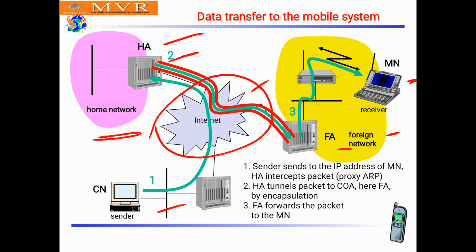So the foreign agent forwards the packet to the mobile node. See here, the home network and internet network is there. The sender will send the information by using the home network and foreign network. Based on the IP address, the sender will send the information. Those IP addresses, the home network's is different, and at the same time the foreign network's is different.